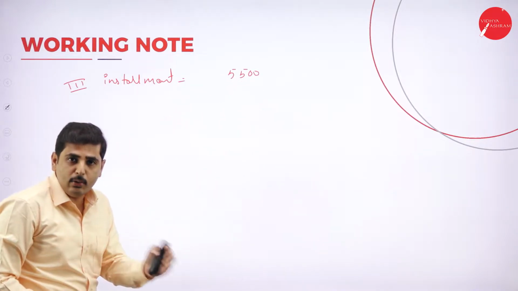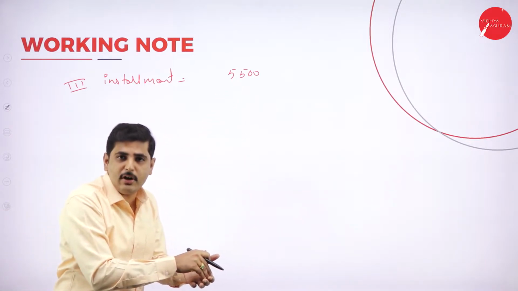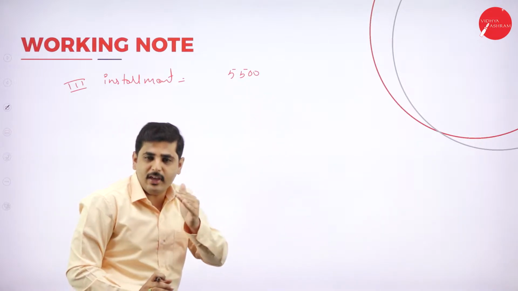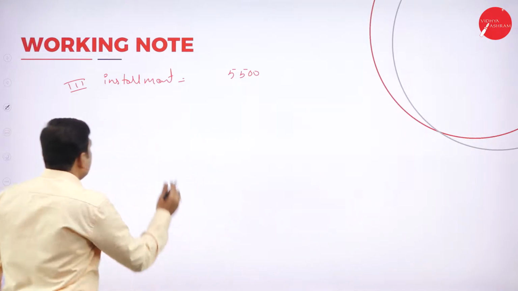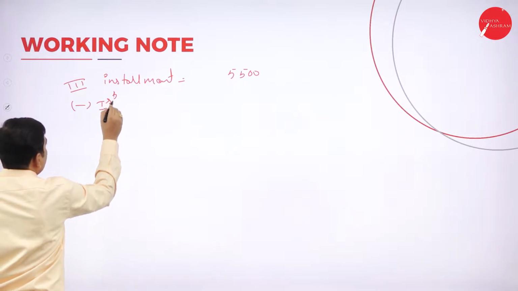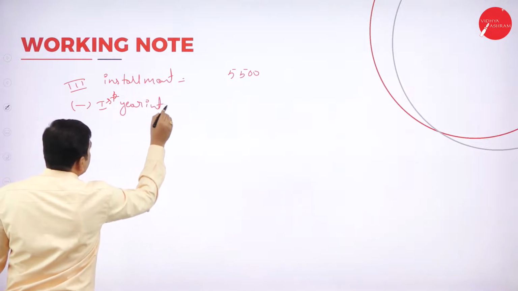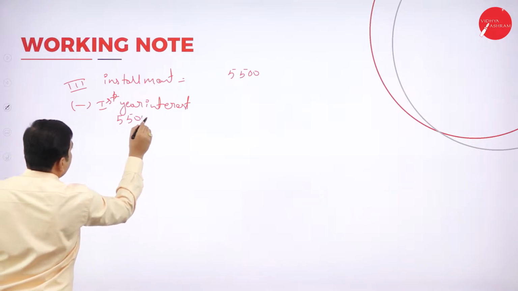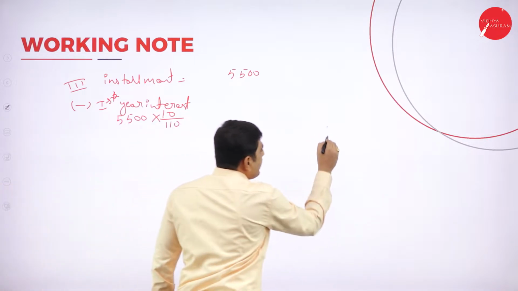5,500. How to exclude the interest? In this 5,500, it is already inclusive of interest. We have to exclude the interest. It is 110%. So we bifurcate 100% separately and 10% separately. How to calculate? So it is 5,500 minus the interest.